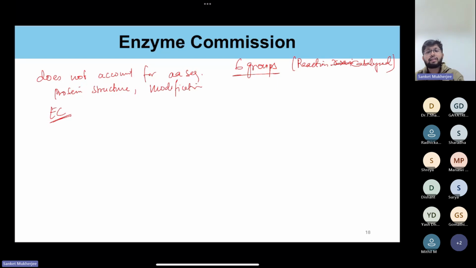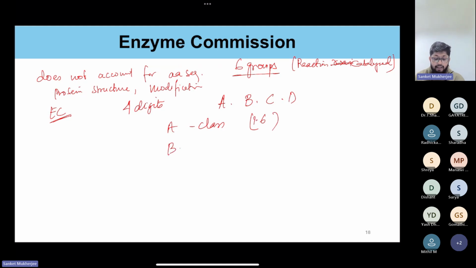And how would you understand this EC number? It's basically 4 digits. If we label them A, B, C, and D, A will give you the class of enzyme. We will talk about the 6 different classes, so there are six possible, 1 to 6. Then B is the subclass, C is the subclass, and D is the subclass.